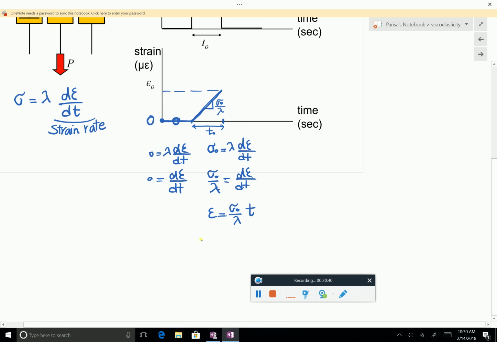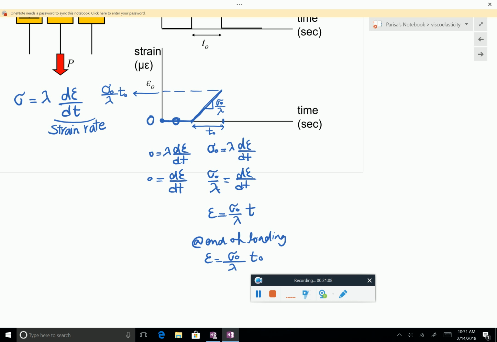So at the end of loading, my epsilon would be sigma 0 over lambda times t0, just because this is how much I'm holding for t0.